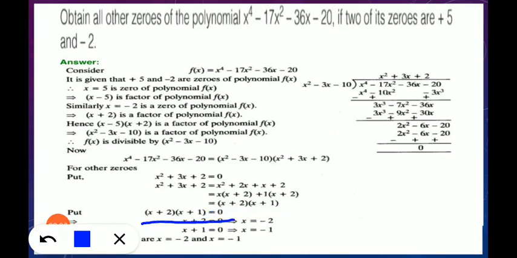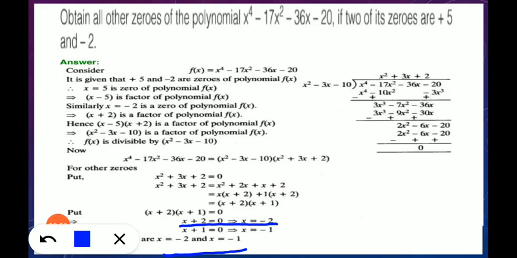After taking it 0, we can say x plus 2 is equal to 0 or x plus 1 is equal to 0. Hence, x is equal to minus 2 and x is equal to minus 1 are the other two zeros of the given polynomial. Factors are x plus 2 and x plus 1.